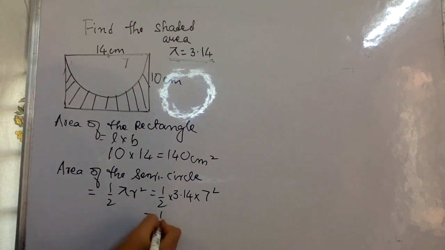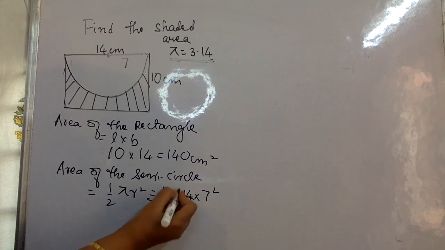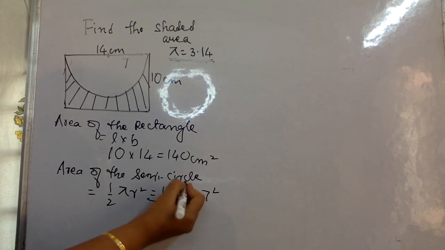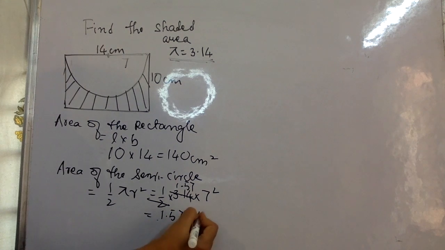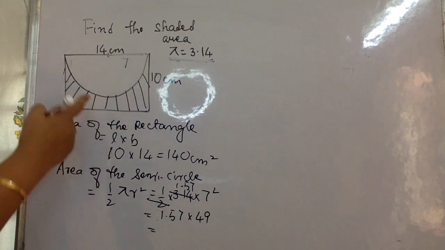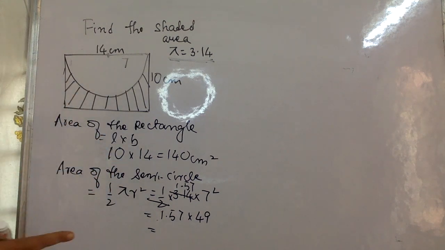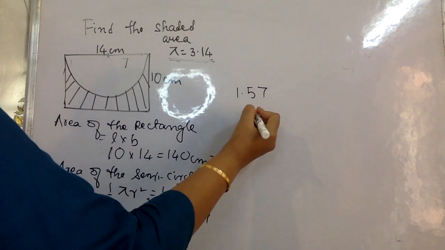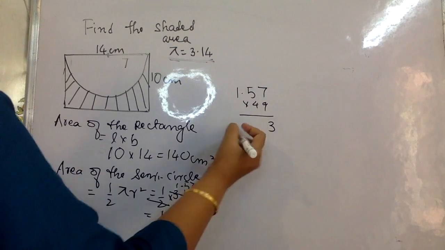Half of 3.14 gives me 1.57, into 7 square. 1.57 into 49 is the area of this semicircle. How much is 1.57 into 49?